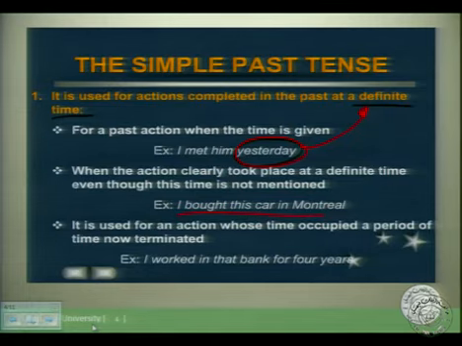but it is known to you at least that you bought a car some time a while ago. It is used for an action whose time occupied a period of time now terminated: I worked in that bank for 4 years. So for 4 years, a definite time, but it's no longer there. He's no longer working for that bank. It's only just for 4 years.